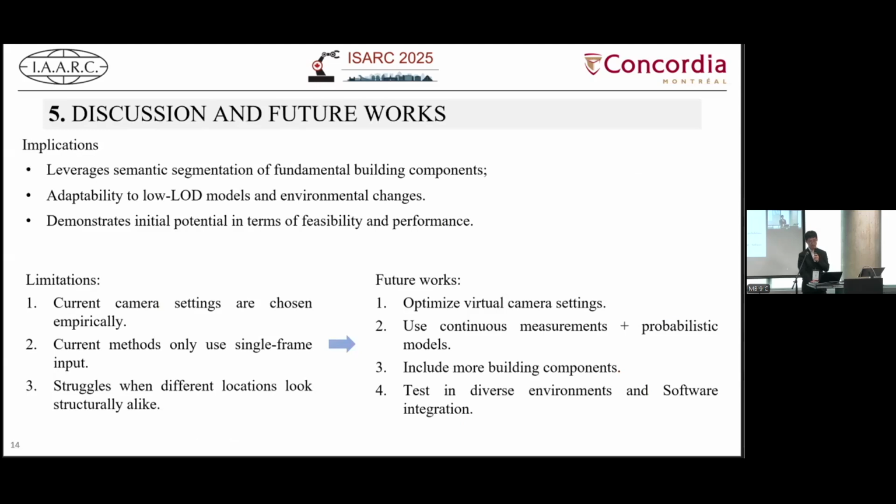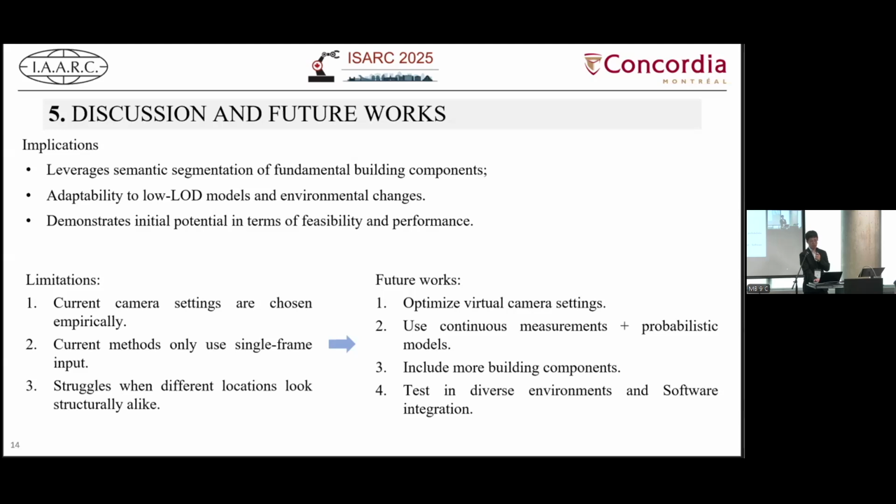The implication of our study is that this work proposes a BIM-based image localization approach that leverages thematic segmentation of fundamental building components, and it also offers strong adaptability to low level of detail models and environmental changes.